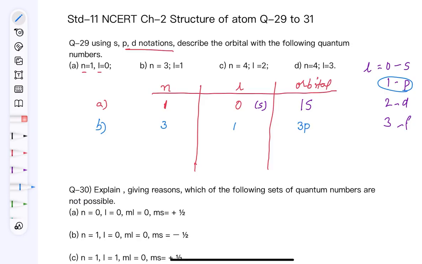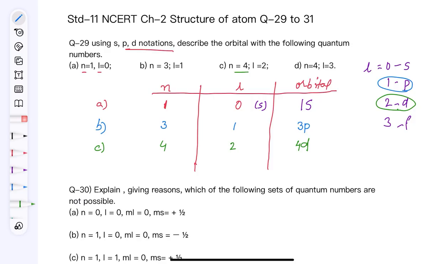Now for C, where n is equal to 4 and L is equal to 2, 4 is the principal quantum number. For L equal to 2, the orbital would be D, so your orbital would be 4D.